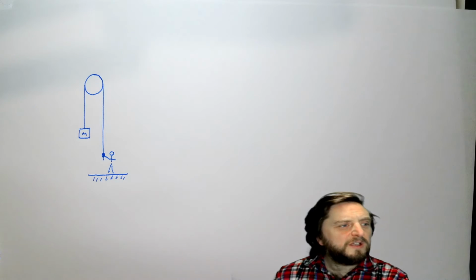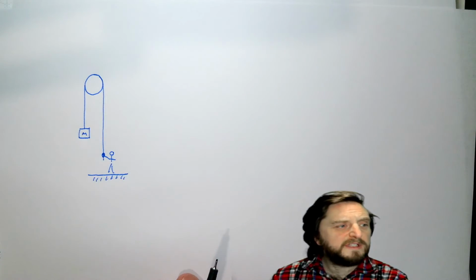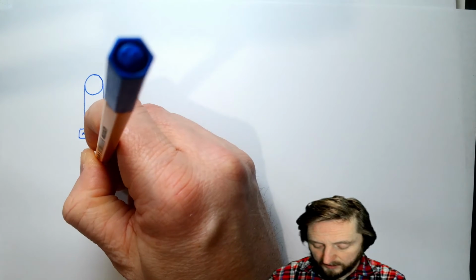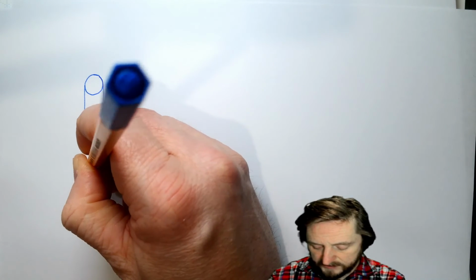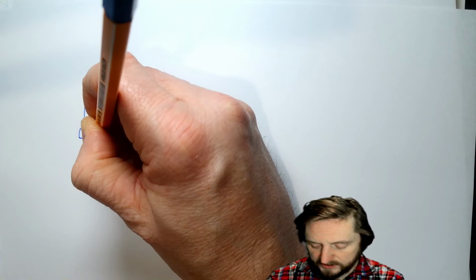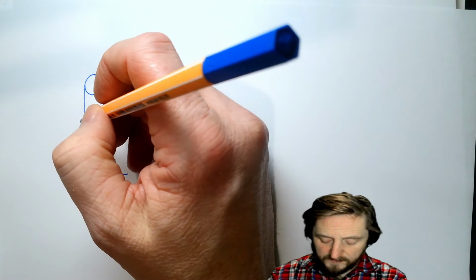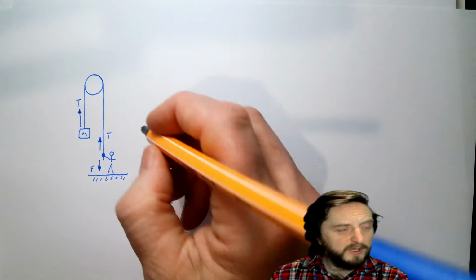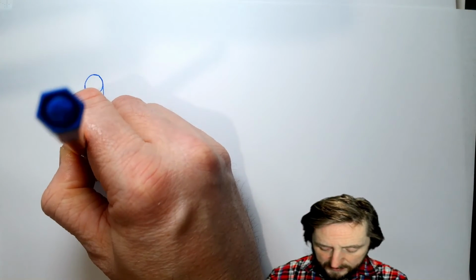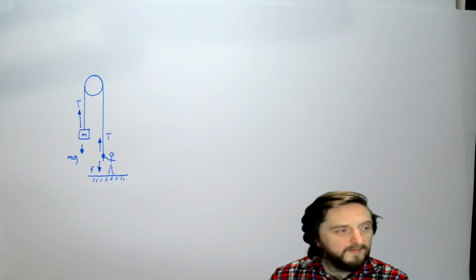Okay, so if you want this thing to go up, you need to apply a force here, which has to at least equal the tension here. If we look how big is the tension, well, if we look on the other side, this has the same tension pulling up and mg pulling down.